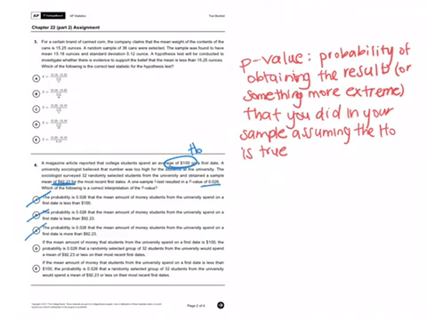So one of the key differences here is going to be in the first part of the statement. So on part D, if the mean amount of money that students from the university spend on a first date is $100, then when we jump down to E, it says if the mean amount of money that students from the university spend on a first date is less than $100.